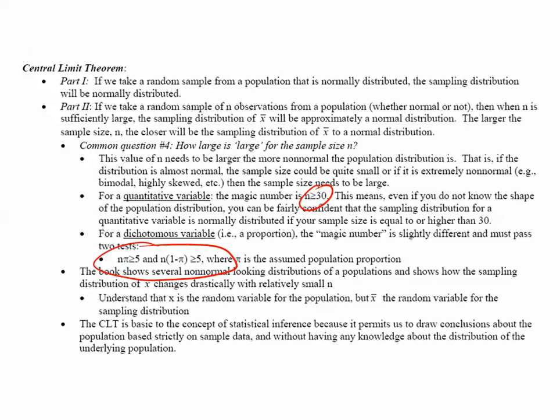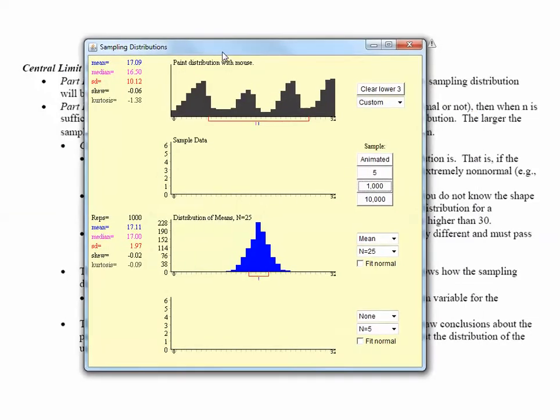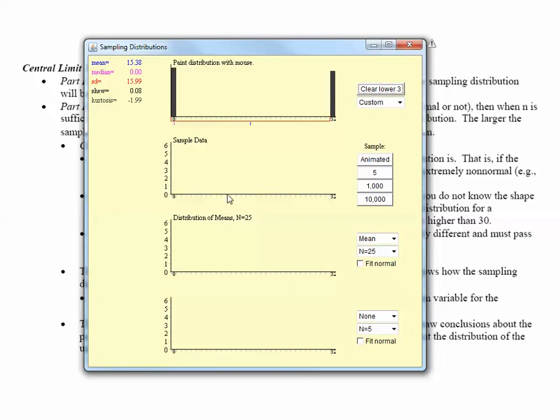Let's take a look at a distribution that would be dichotomous. So here is a dichotomous distribution. It's either 0 or it's 32. We have about 50-50, so we can think of this as the proportion of males to females.